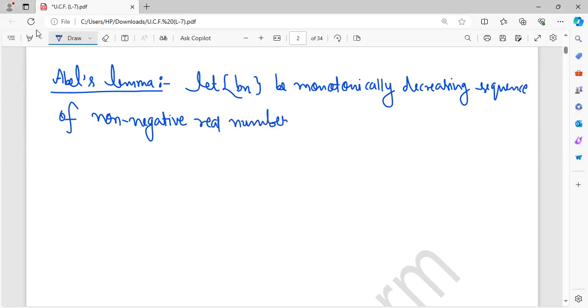Non-negative means Bn cannot be negative. Either it is 0 or positive.